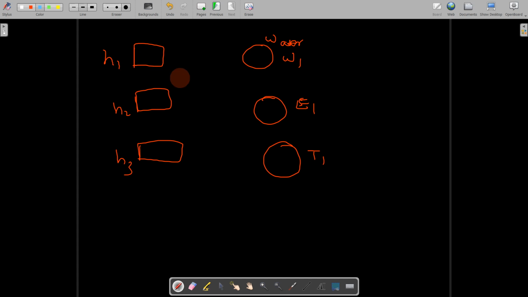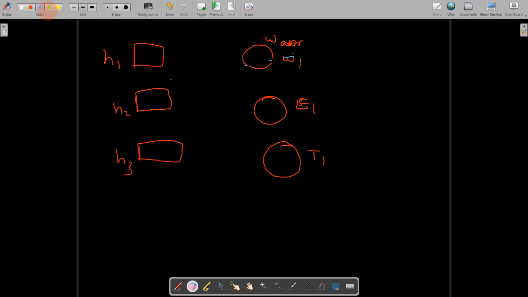We want them to be non-intersecting and very clear to maintain and easy to identify. If there is some fault in, suppose, the water pipeline, then I should be able to separately work on it, identify which is the water pipeline, and I can work on it without any difficulty.